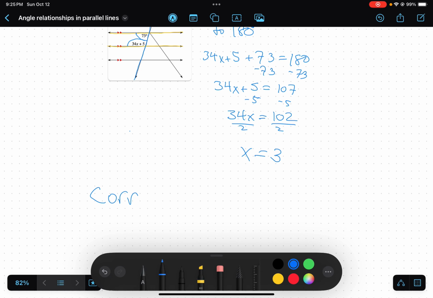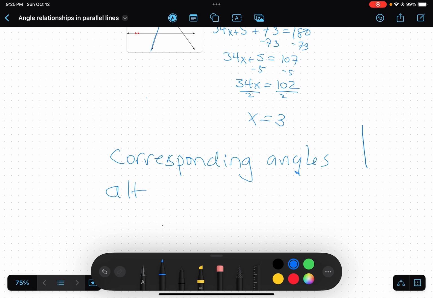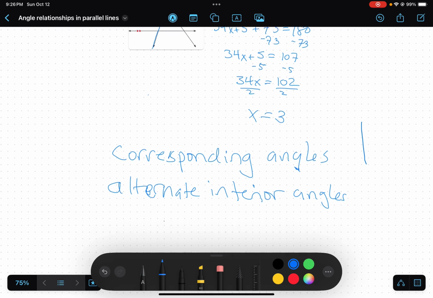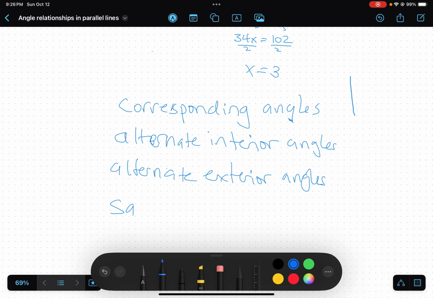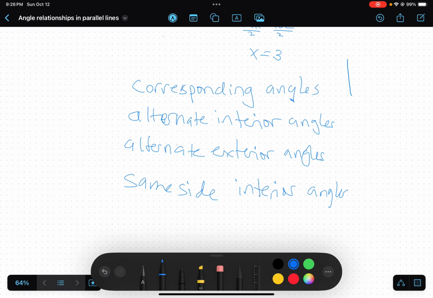Okay, so corresponding angles, alternate interior angles, alternate exterior angles, same side interior, and same side exterior.